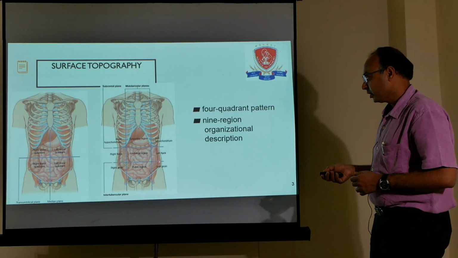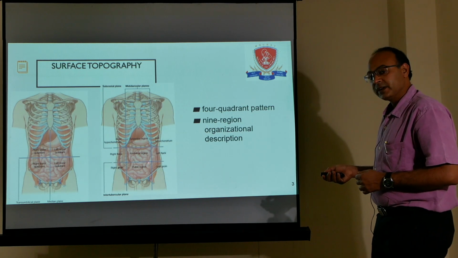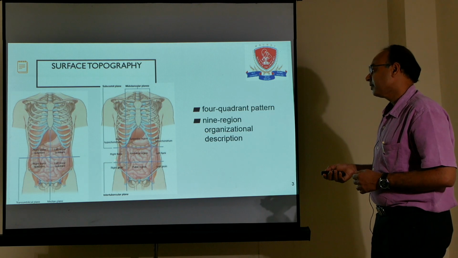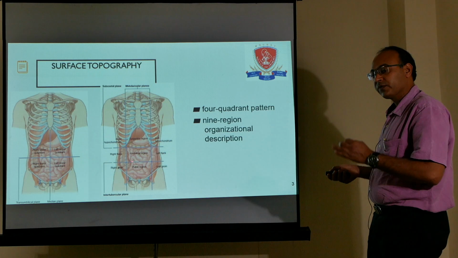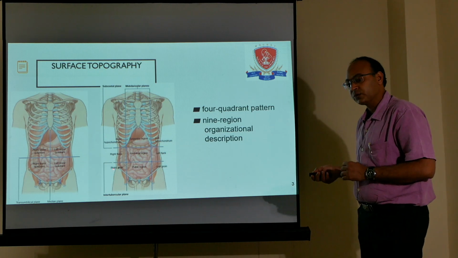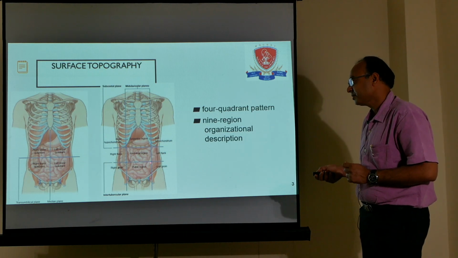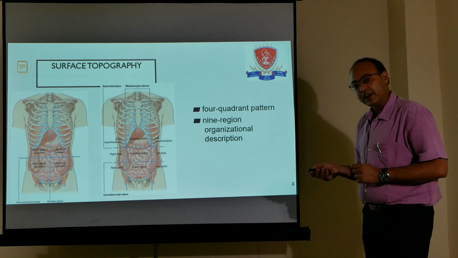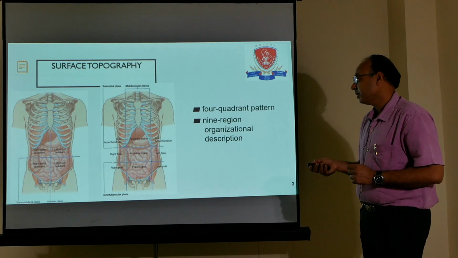The transtubercular plane passes through the tubercle on the iliac crest. This tubercle lies about 5 cm anterior to the highest point of the iliac crest. The transpyloric plane passes through the tip of the 9th costal cartilage.